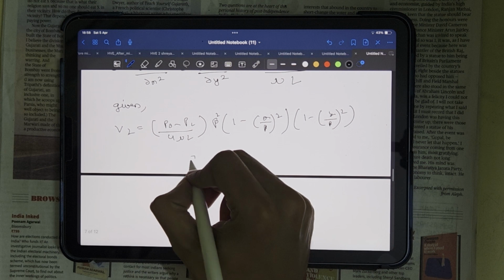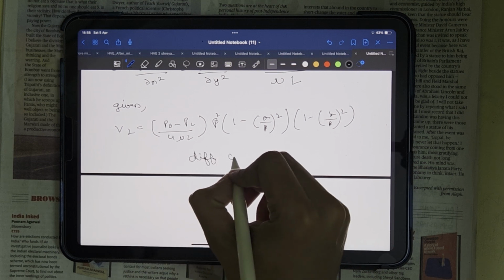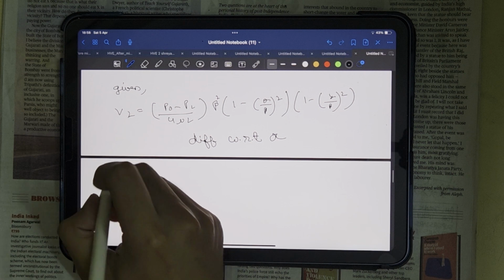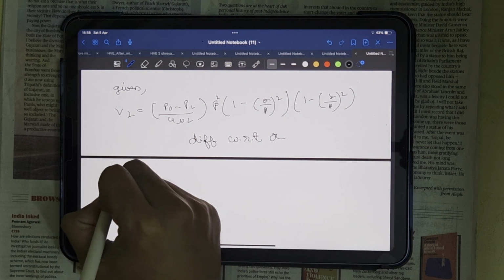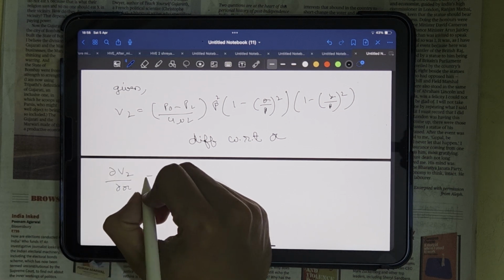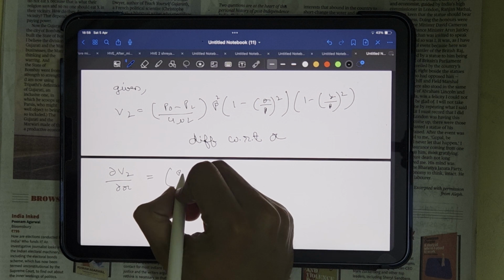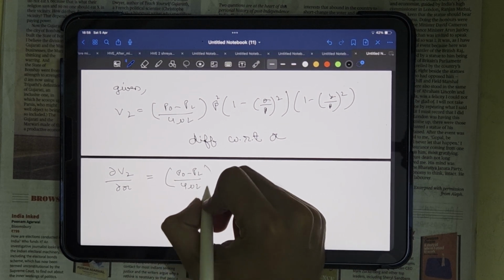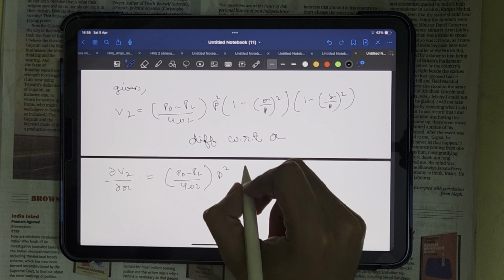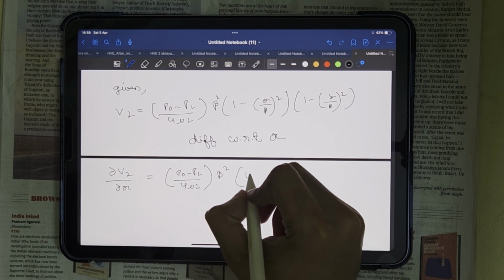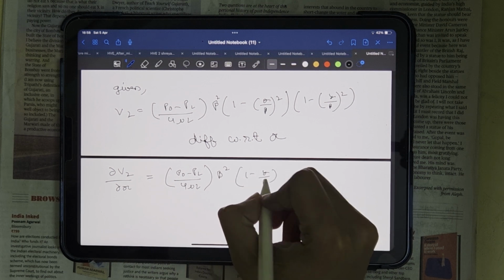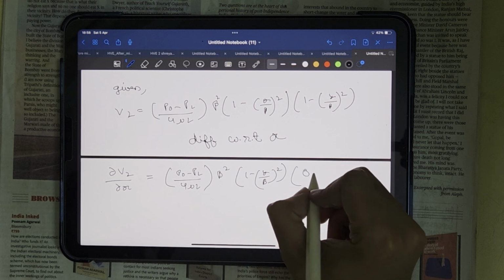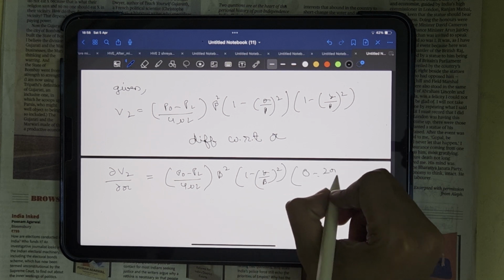So we will differentiate with respect to x first. So we will get dou vz by dou x is equal to P0 minus PL by 4 mu L, into 1 minus y by beta whole square, into 0 minus 2x by beta square.